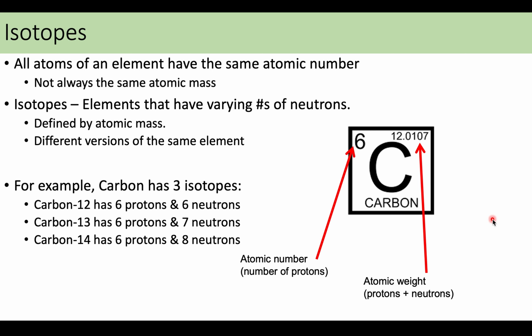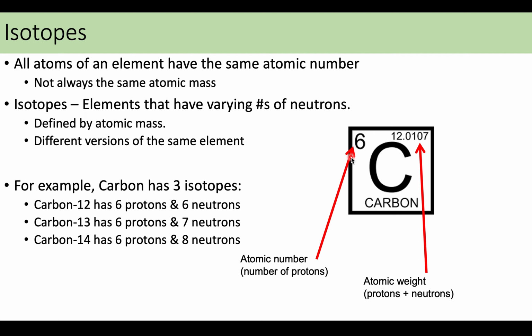So a quick chemistry review before we get more into this. We need to understand isotopes. So all atoms of an element have an atomic number. And that atomic number is always the same for that element. So for example, carbon has an atomic number of 6. This means that carbon has 6 protons.